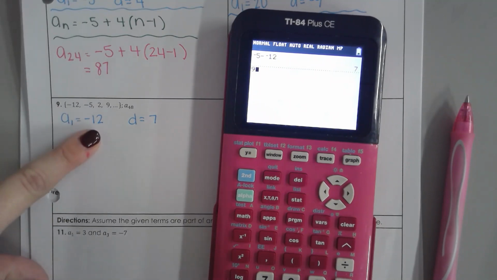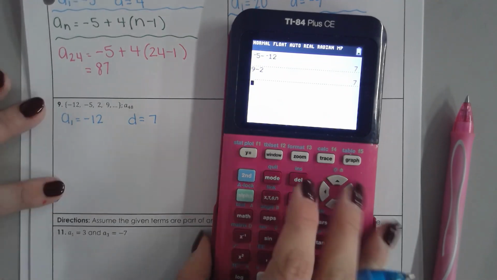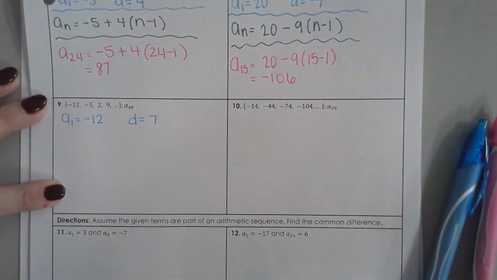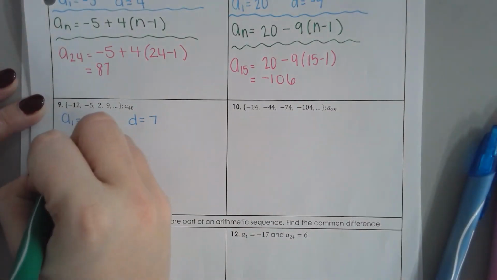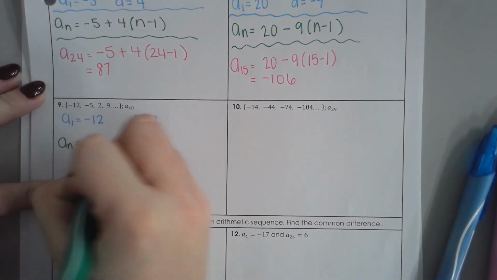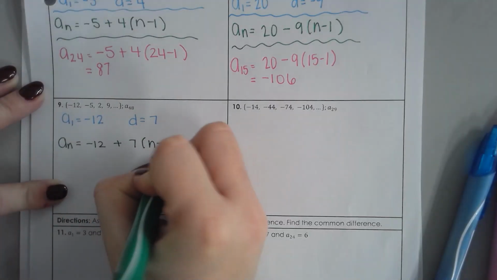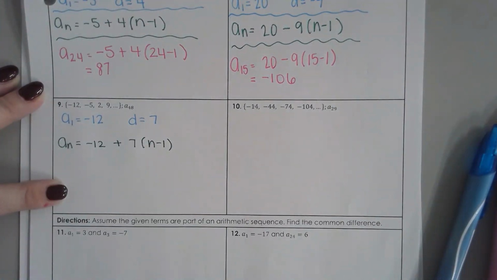Do 9 minus 2. You get 7. So that means that your explicit formula, your AN, is negative 12 plus 7, and then in parentheses is n minus 1.